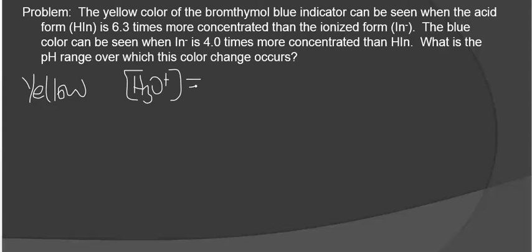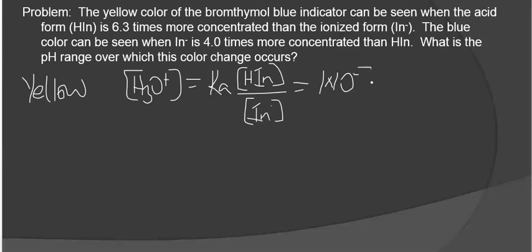And I rearranged the Ka expression earlier. Ka has a value of 1 times 10 to the negative 7. And the yellow color can be seen when the acid form is 6.3 times more than the ionized form.